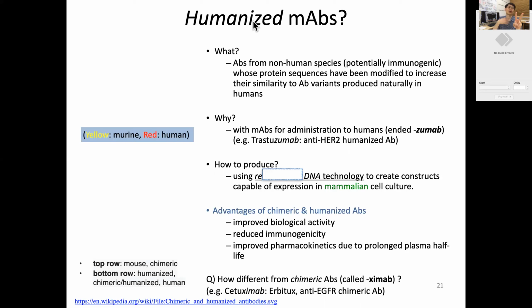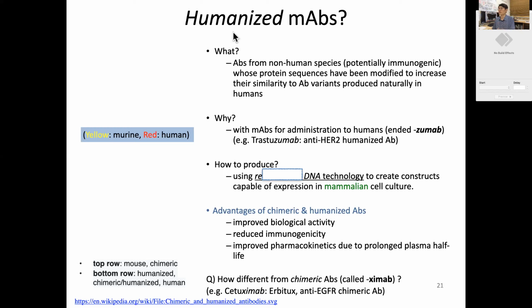So it may not be easy to use as a drug, because once inside our circulation, we may attack this antibody. So the idea is, except for the variable antigen binding sites, can we make the rest of it human-like, or humanized, so that it doesn't cause immune reaction from our body?